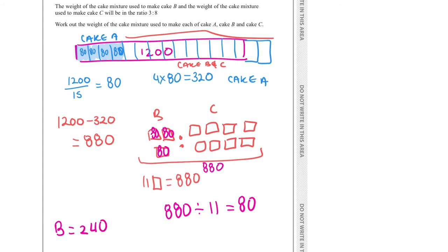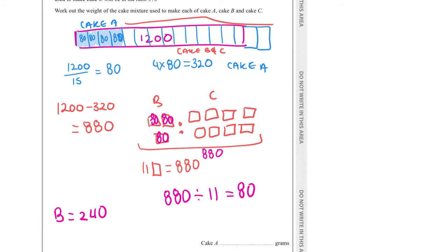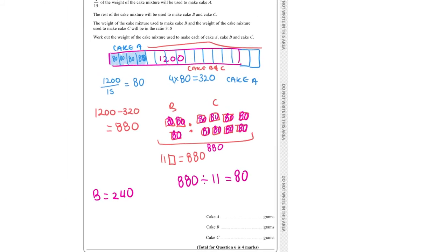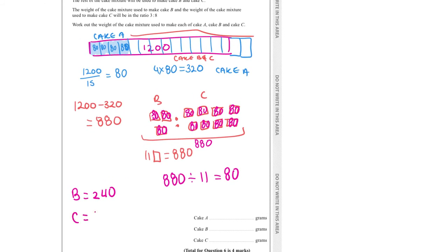C has how many? C does not have 11. C has 8. What's 8 80s? 8 times 80 is 640. So now we know A is 320, B is 240, C is 640.